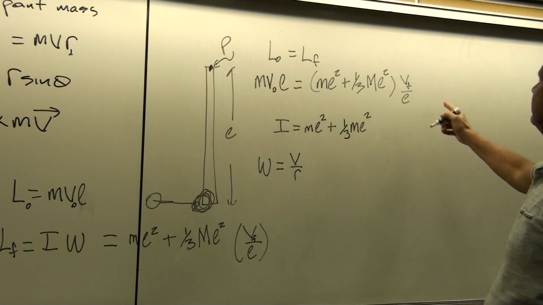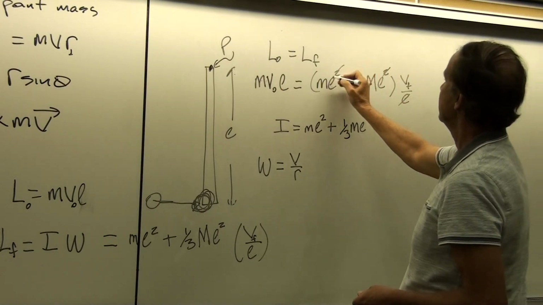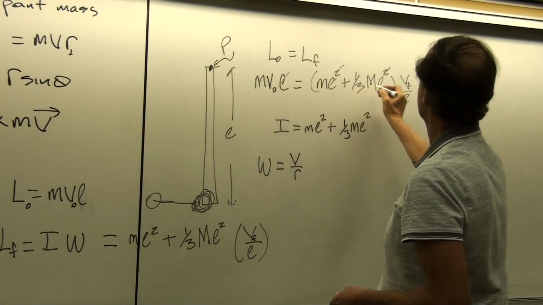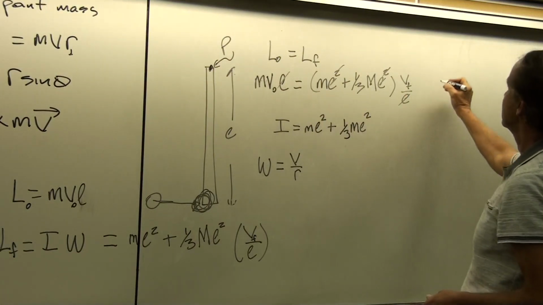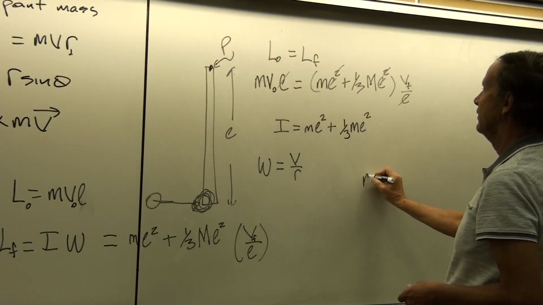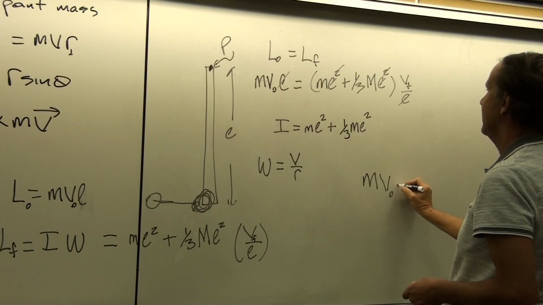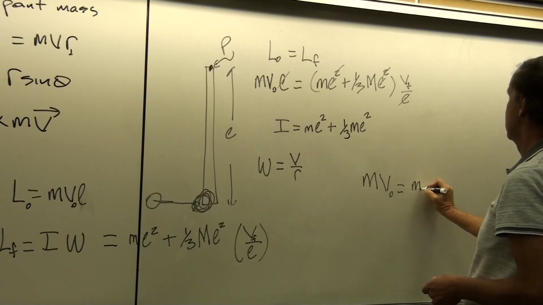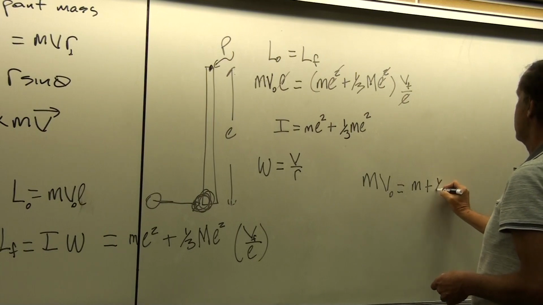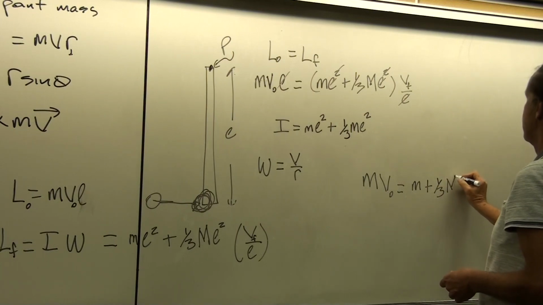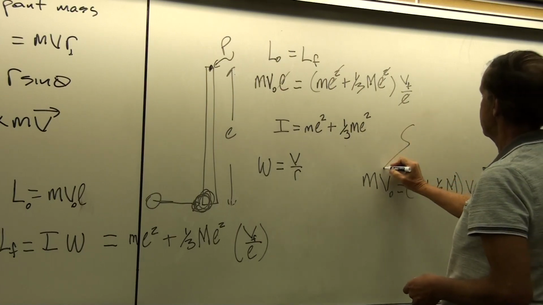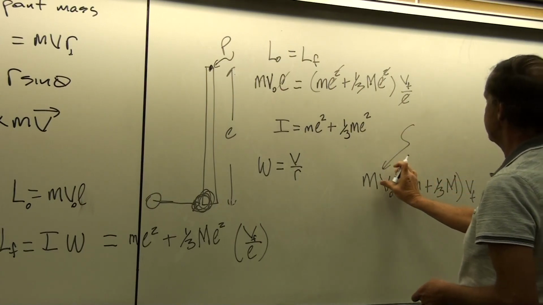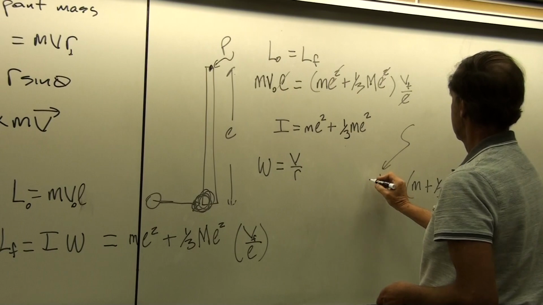And so then one factor of L will cancel here. A second factor of L will cancel there as we go through. And this gives us a final result of little m times V naught equals little m plus 1/3 big M times V final, where V naught is the velocity of the mass just before the collision.